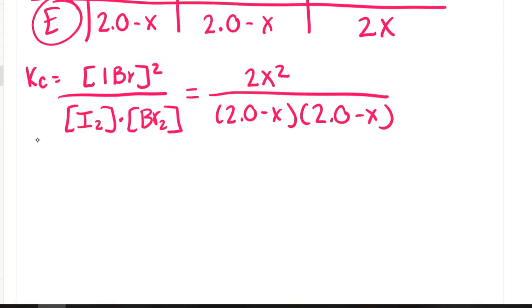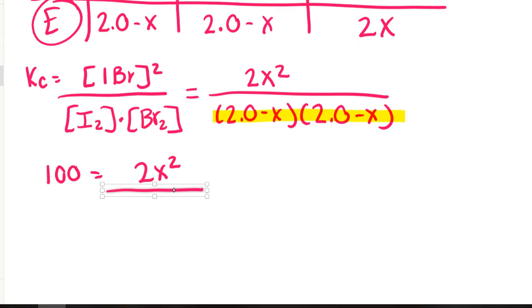So I can plug in 100 for Kc. So 100 is going to be equal to 2x squared. And then I'm going to combine my denominator. So 2.0 minus x times 2.0 minus x is 2.0 minus x squared.